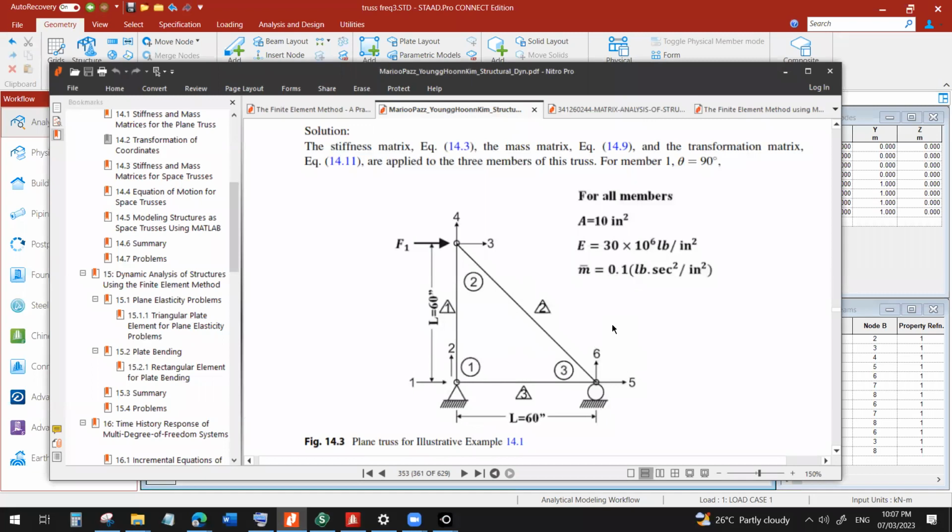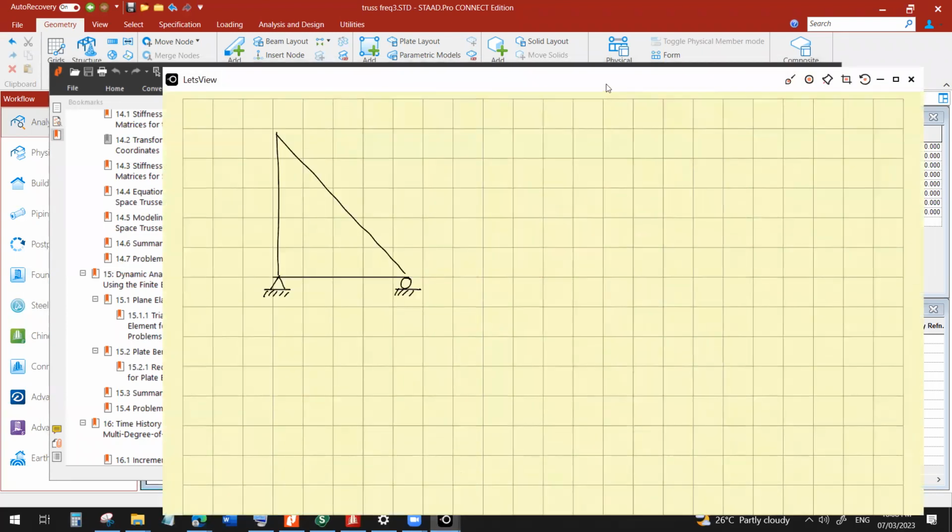So I'll copy that here. Number one, two. Yeah, so this is the truss problem.